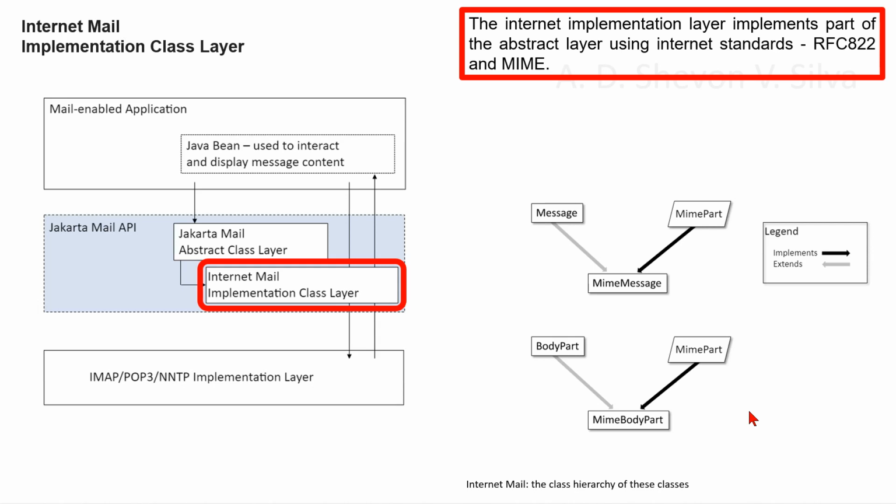The Jakarta Mail MIME part interface models an entity as defined in RFC 2045 section 2.4. MIME part extends the Jakarta Mail part interface to add the MIME specific methods and semantics.